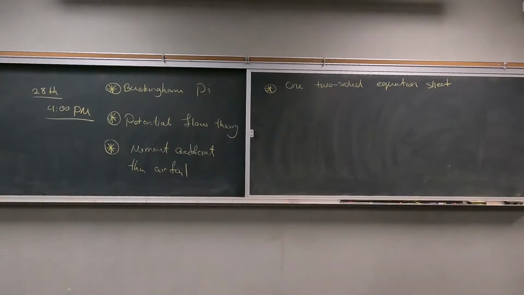There was one question. Yes. Is there any thin airfoil theory like there is for coefficient of lift versus angle of attack? Is there one for coefficient of drag versus angle of attack, since they're so related? So let me put it this way.